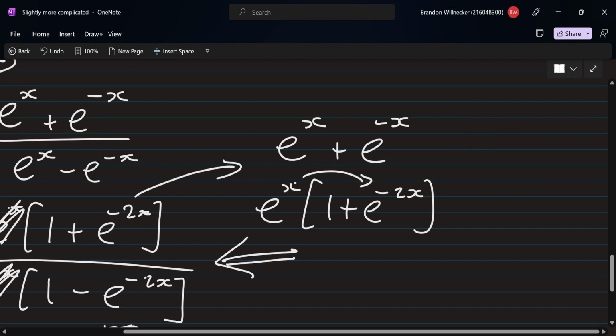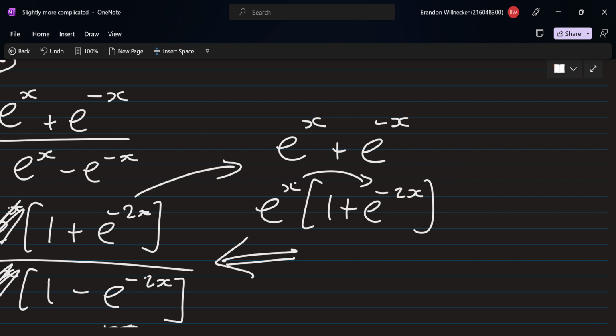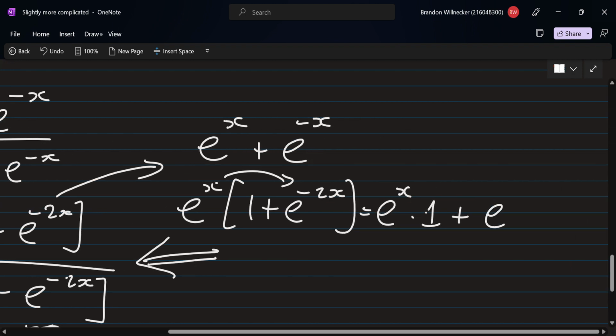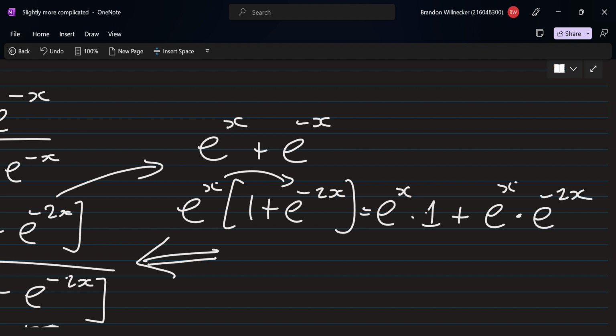So if I distribute this inside, I'm going to multiply the e to the x. So it's going to be e to the x times 1 plus e to the x times e to the minus 2x. Okay, so that's just distributing it inside. So e to the x times 1, that's just e to the x.